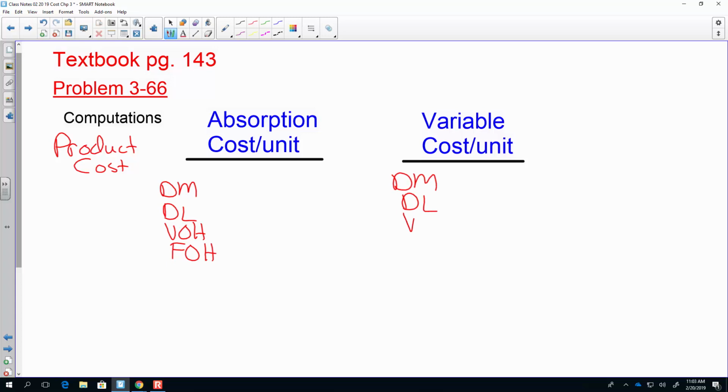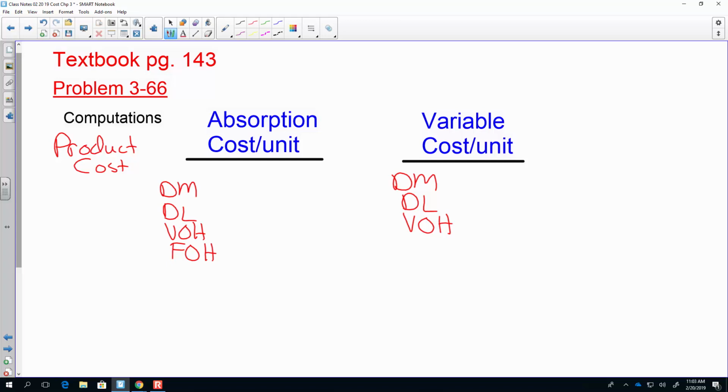And can someone help me with the fixed overhead? The toughest part of this problem is that fixed overhead. It's got to be done on a per unit basis. So they give us the per unit numbers for materials, labor, and variable overhead.